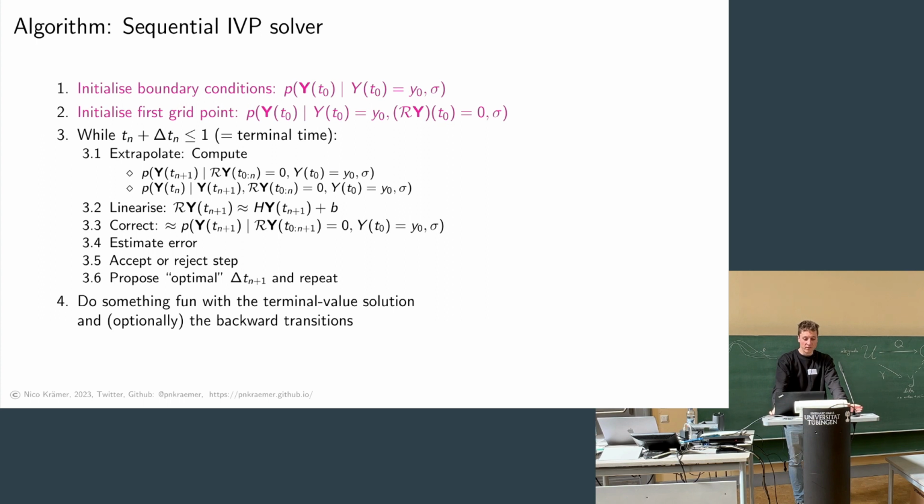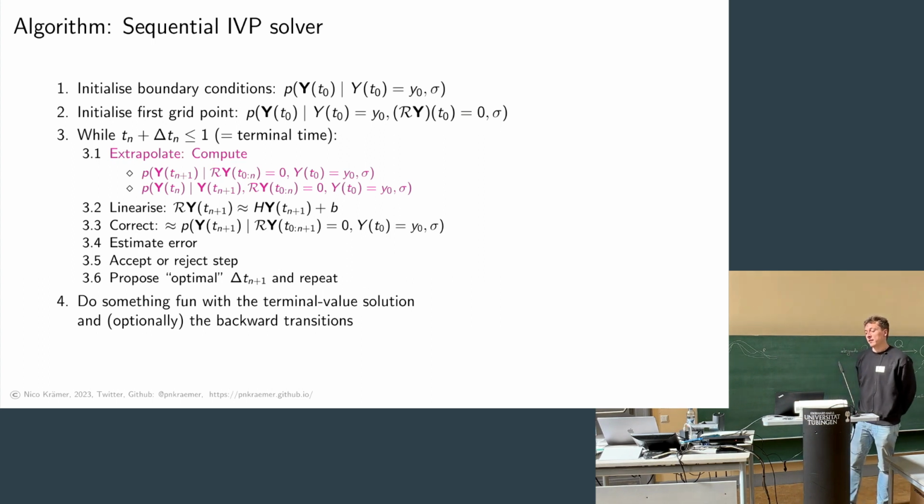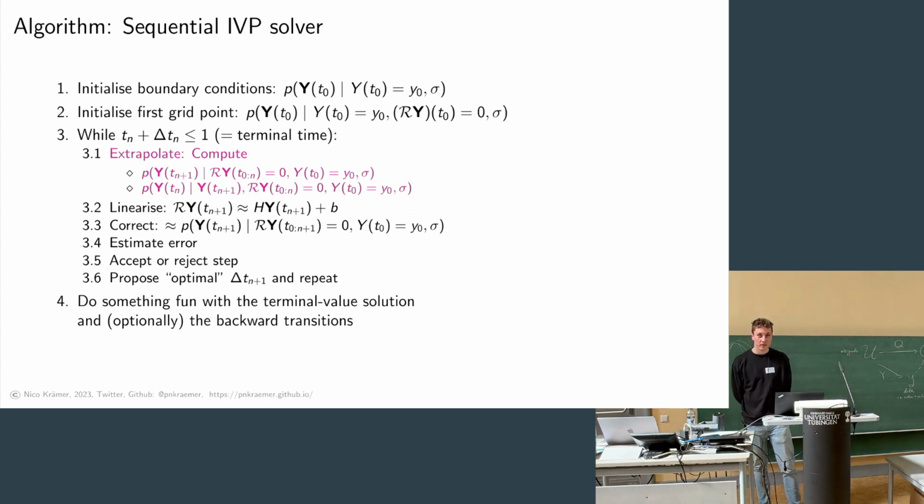So we'll start with initialization, then we'll talk about extrapolation and how preconditioning, which is something that we've already seen yesterday a little bit, is absolutely crucial to generate high order, so high derivative integrated Wiener process priors. We'll have a closer look at linearization, and I will briefly touch on how to do square root updates with Gaussian variables, even though that is a subject that I think will be covered in more detail tomorrow in the workshop.